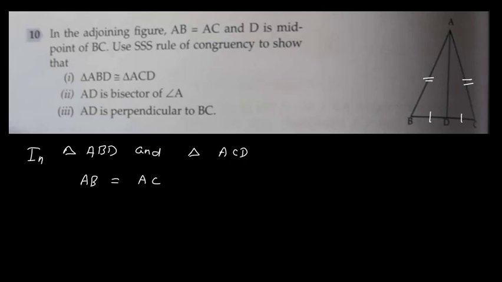Then as D is the midpoint, this is given, I will also say that BD is equal to CD. And third, you can see that AD is a common side. So AD is equal to AD. The reason is common side.